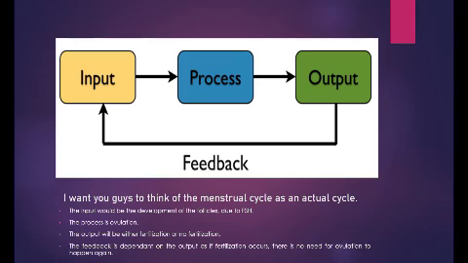And then the output is either fertilization or no fertilization. That is the main goal of the menstrual cycle, and depending on whether fertilization happens or not, you're going to see the feedback and the response.